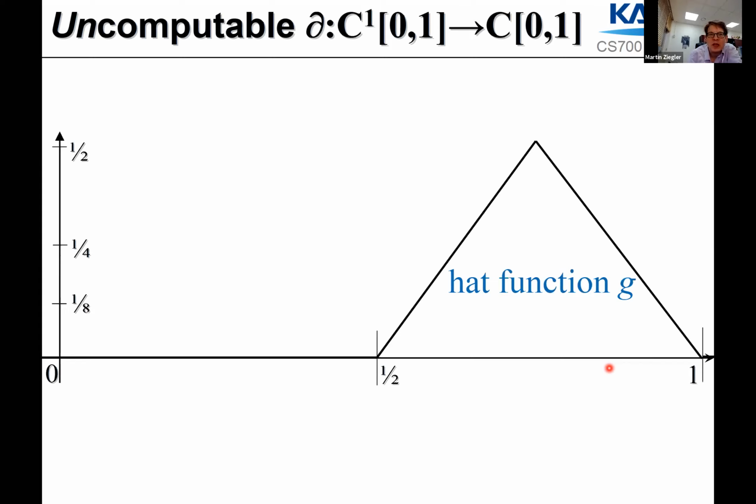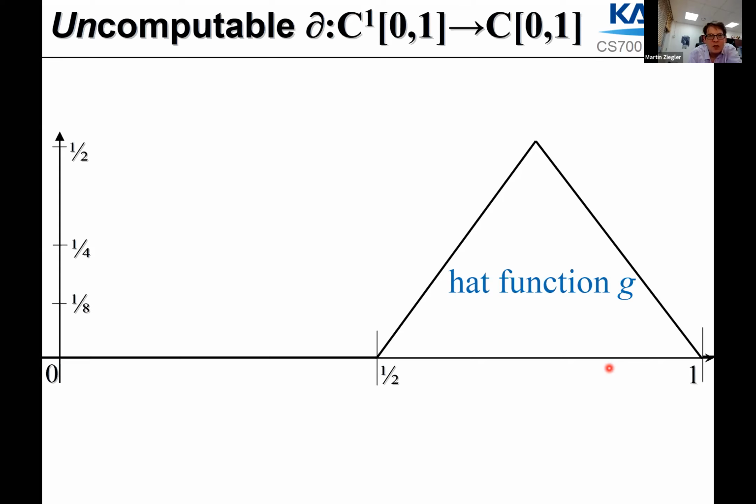So our constructive proof proceeds the other way around. We first construct the uncomputable function, and then we integrate that function to obtain a continuously differentiable function according to the main theorem of calculus, and in such a way that this antiderivative, this integral, is computable. So that's our goal here.